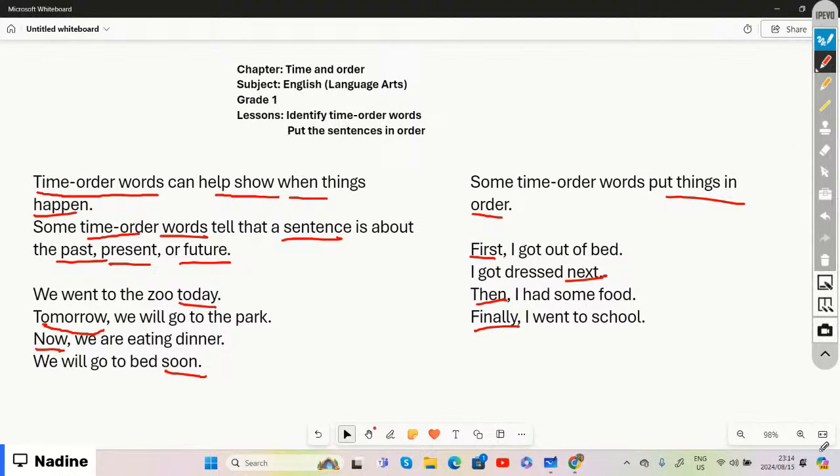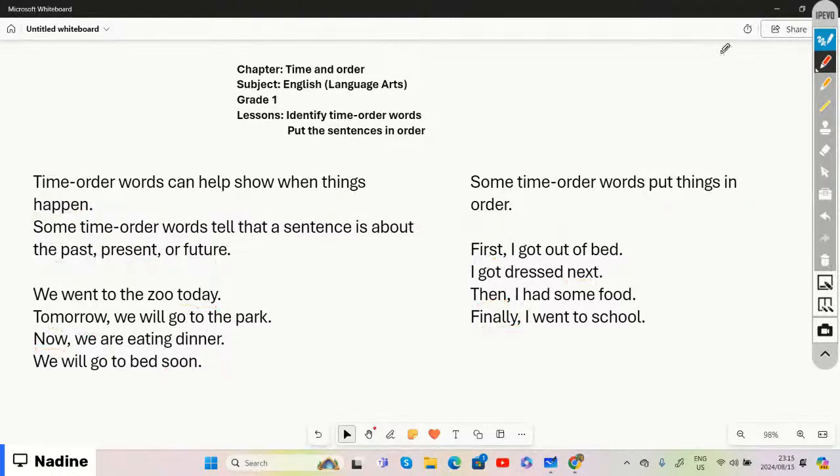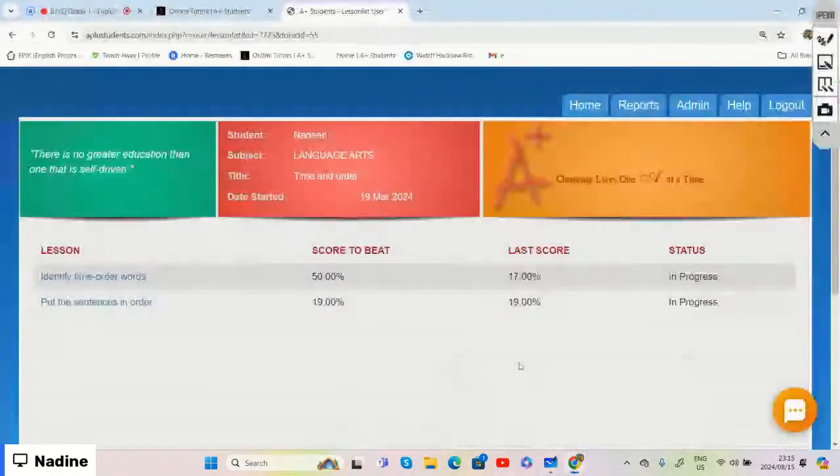All right, so now we're going to aplusstudents.ca and we're going to continue with our lesson on time order words, and then we're going to do our tests. All right, so we're on aplusstudents.ca and we are doing the chapter of time order words.